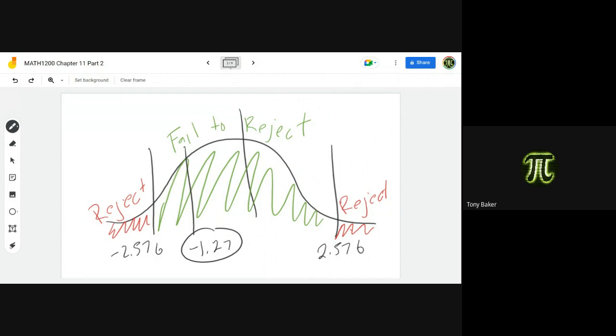No, the number you picked on the table is your endpoints, the boundaries. The number you got is the number you're testing, so you have to find where it fell on the bell curve. And it happens to be the first one we've done in class that failed to reject.